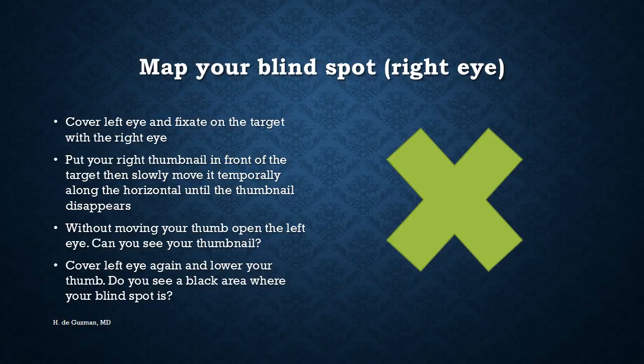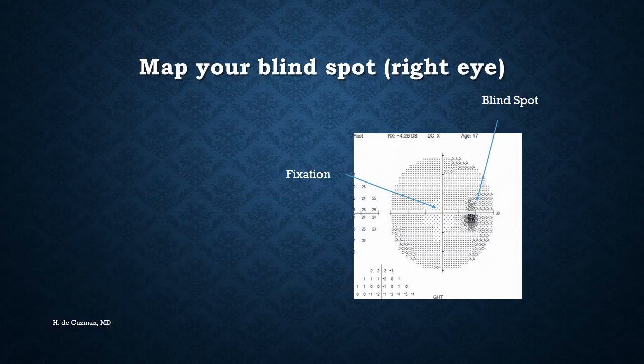So it's the same for our patients with glaucoma whose scotomas don't appear like black areas in the visual field. It's just areas of missing field or areas that they don't notice. You should have found that your right eye blind spot corresponds in location to this perimetry result.